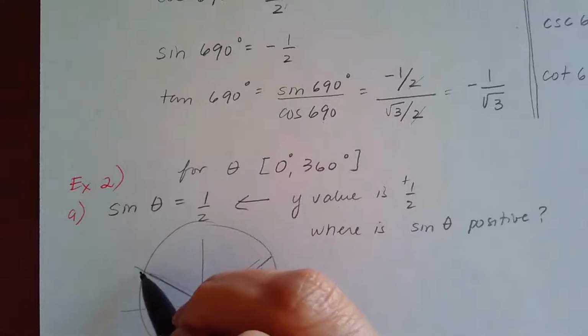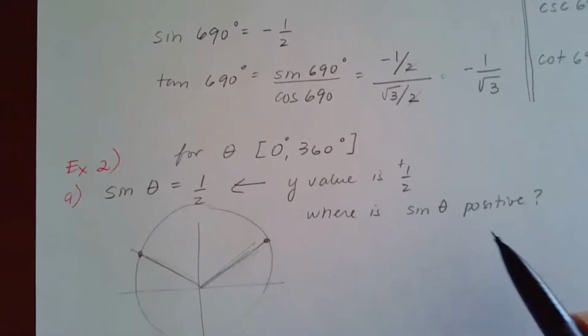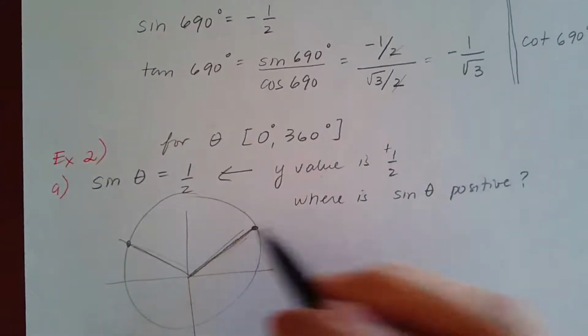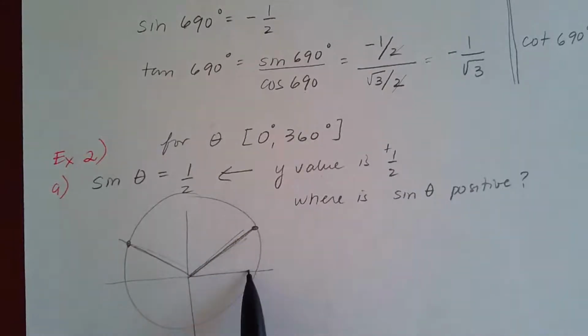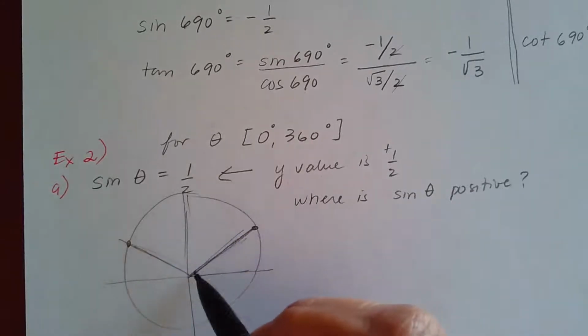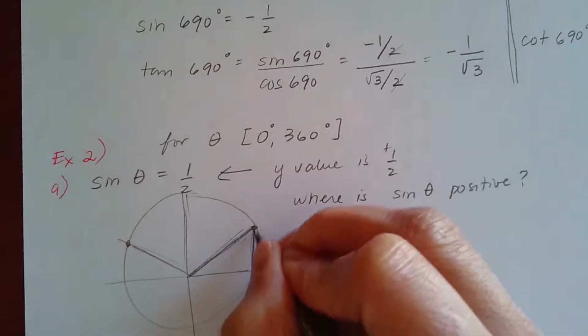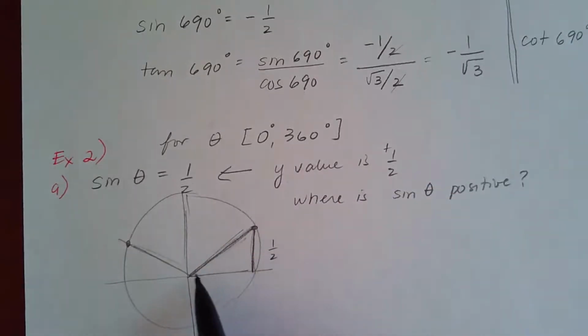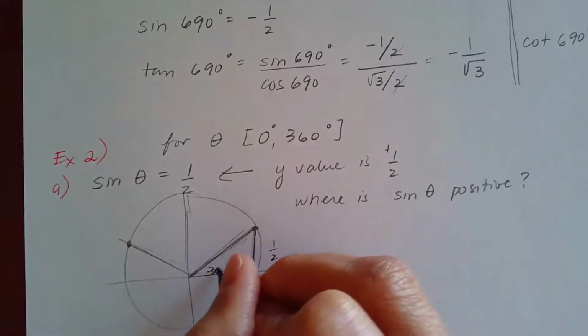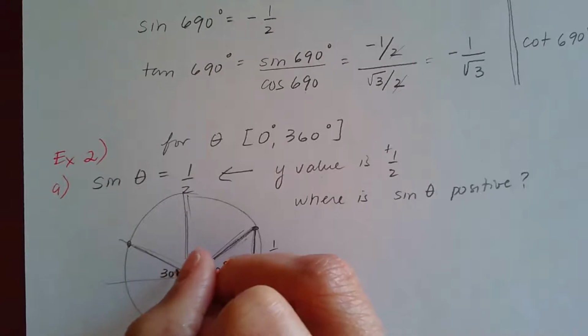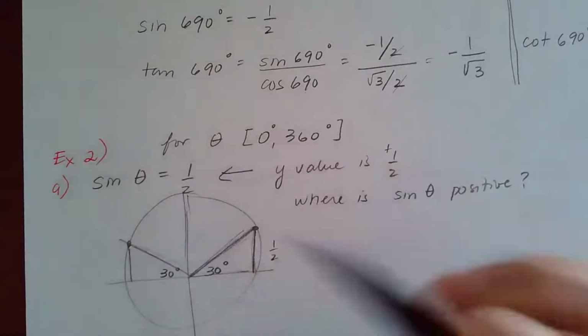Let's try to draw it out to make sense of this. What angle do I need to get a 1/2 for y? Well, that one would be 30 degrees. So 30 degrees here and 30 degrees there as a reference angle.